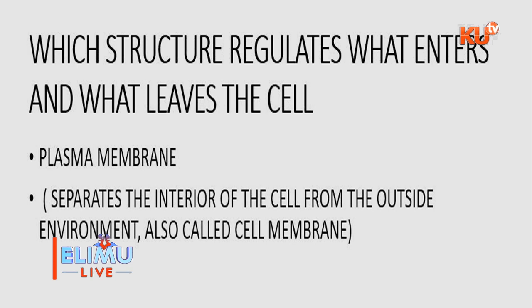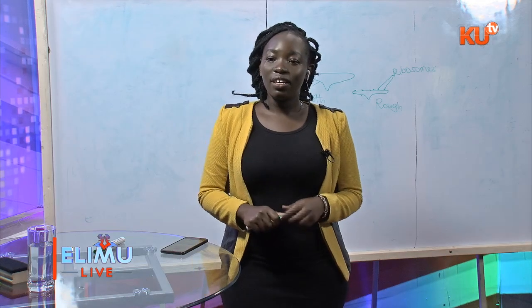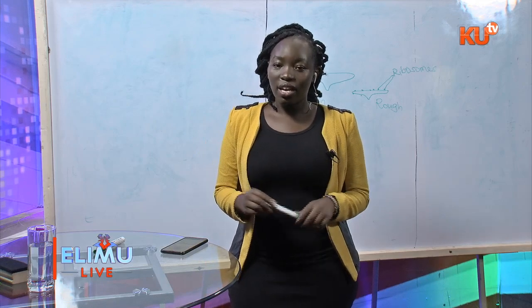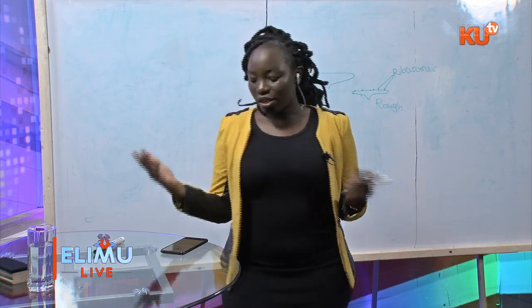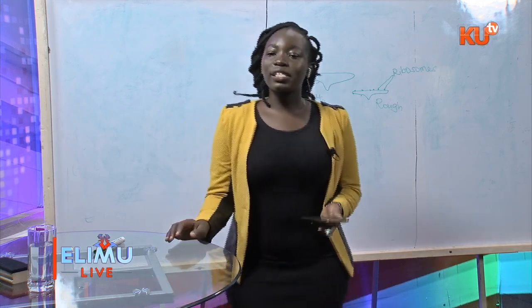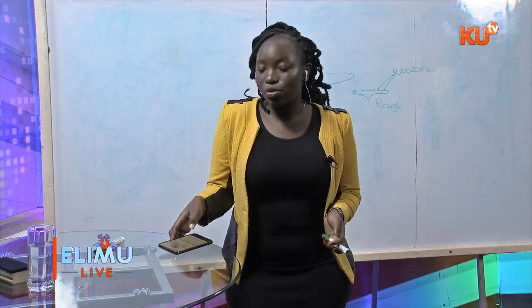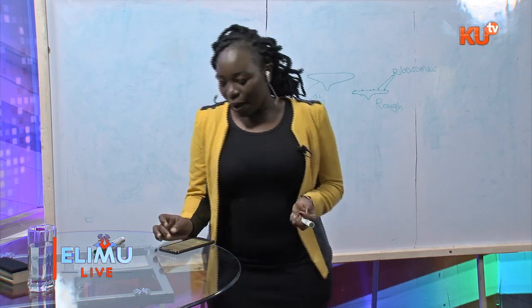As you all know, the cell membrane is immediately after the cell wall, and it separates the inner part of the cell from the outside environment. It regulates what enters the cell and what gets out of the cell. The question is just a summary of what we really need to know in biology and in cells.